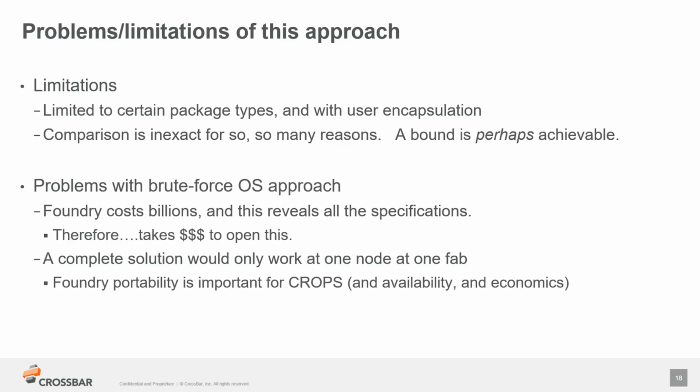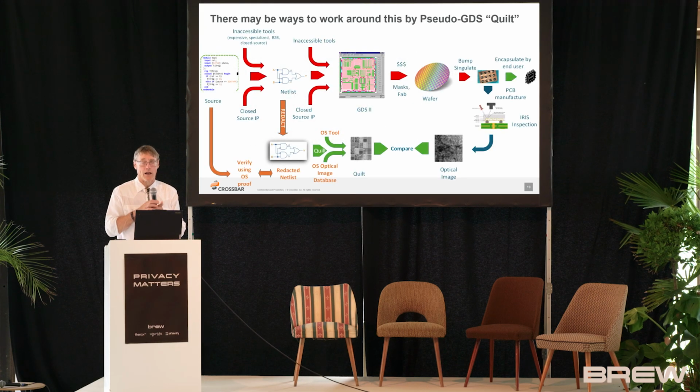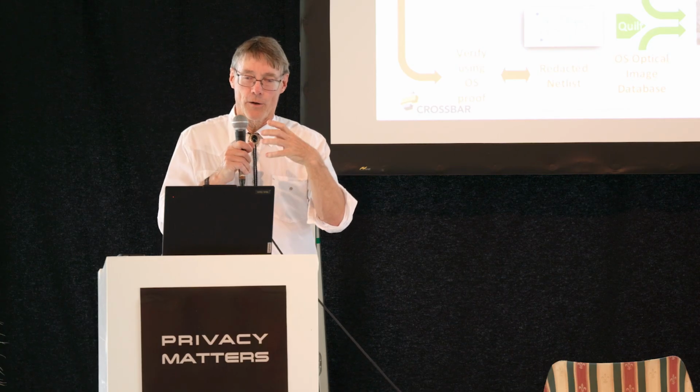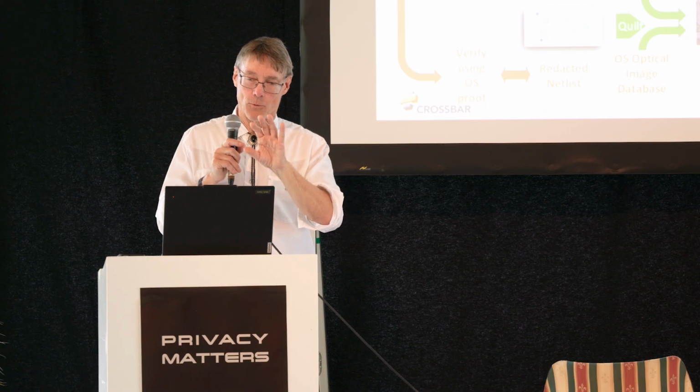The problem is it has a lot of the IP of a foundry, and these are billion-dollar investments that foundries do not want to open up. So it's very difficult to approach from that. It also, if you invest in a kind of open foundry, that's only one foundry.